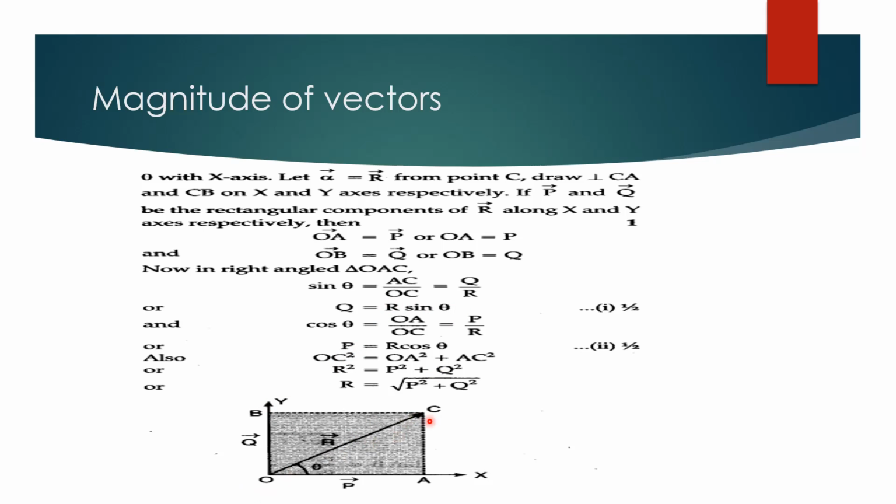So the resultant vector r is found by squaring p and q: p square plus q square, that is root of r square cos square theta plus r square sin square theta, which is nothing but r. So r is equal to root of p square plus q square. The magnitude of this resultant vector is root of the x-component square plus the y-component square.